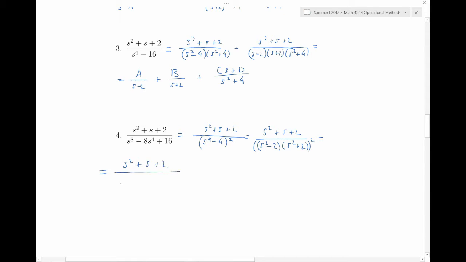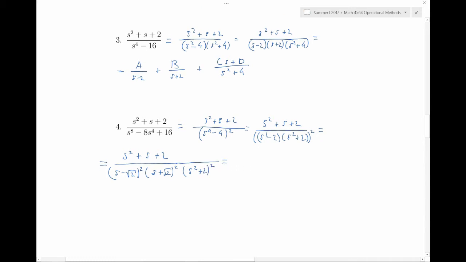Going further, we have two repeated factors. Two repeated linear factors, s plus square root of 2, and two repeated factors, s squared plus 2, squared.